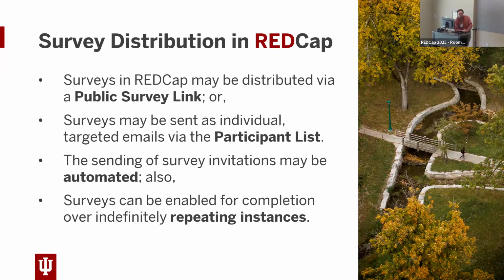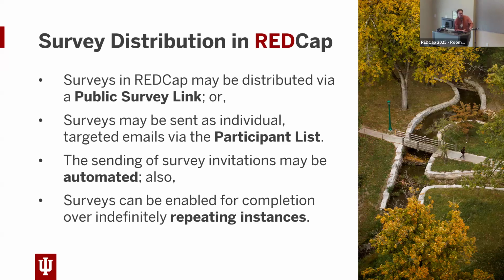But then the second way of doing it is to send these individual targeted emails via the participant list. And so these two can exist in tandem. So you can have the initial survey, the record creation via the public survey link. But then once the participant has created a record in the database, in that initial survey, you can collect their email address.